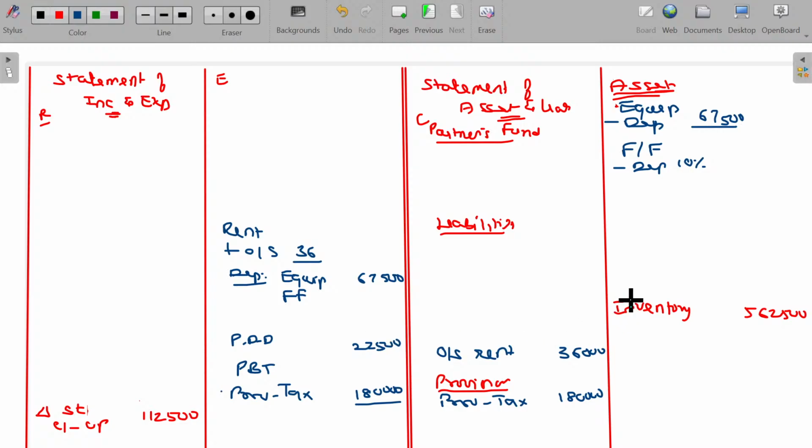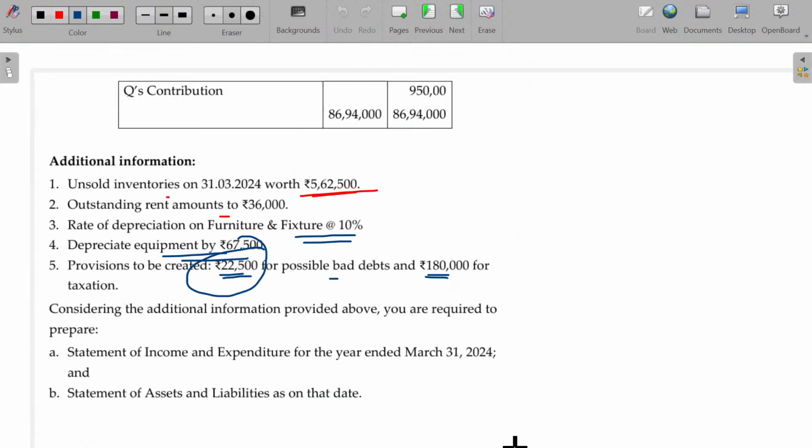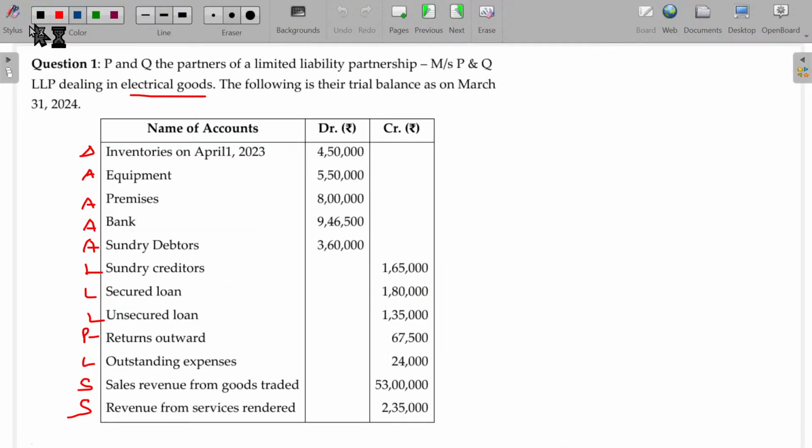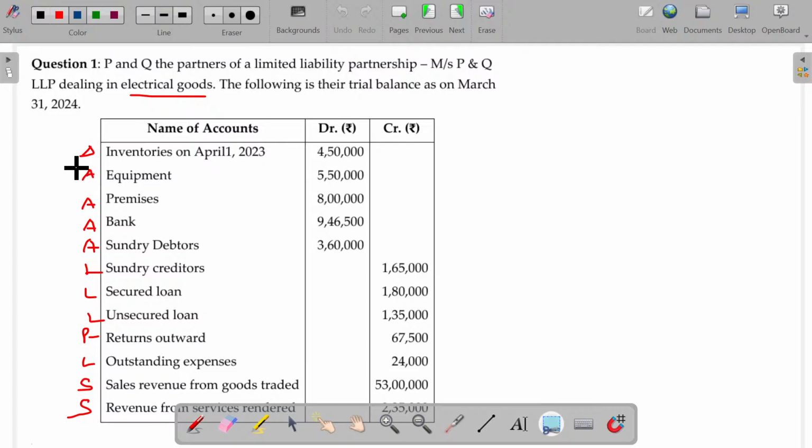Again, it will be subtracted from where? Debtors. Debtors minus PDD 22,500. Is that okay? So I have completed posting the adjustments. Hereafter I will pick from here up to the assets and finish off.